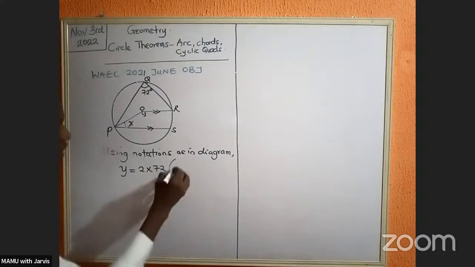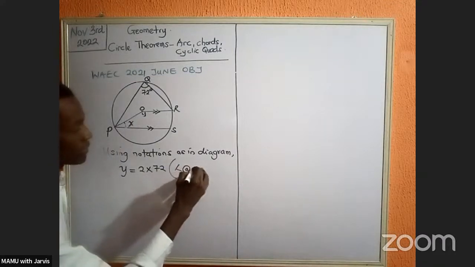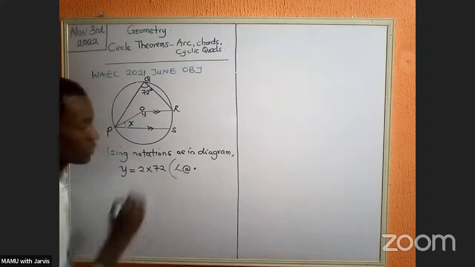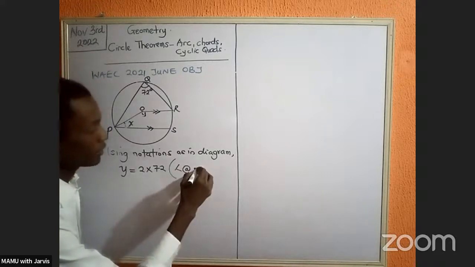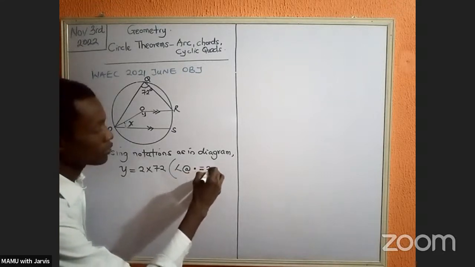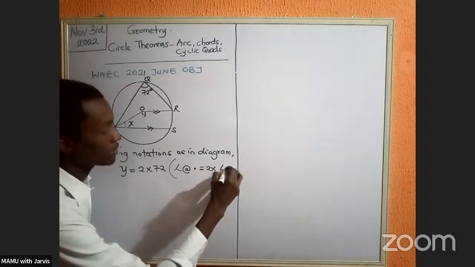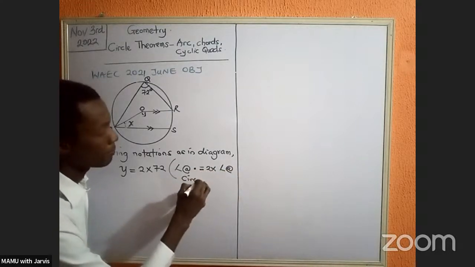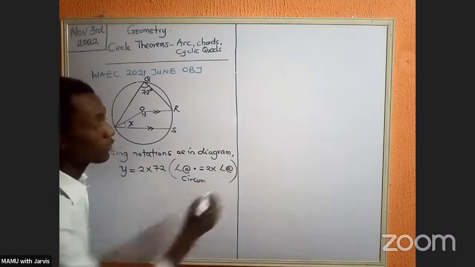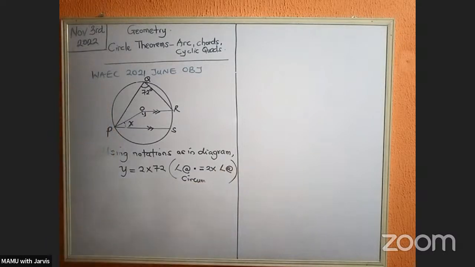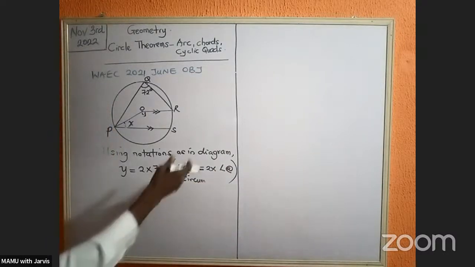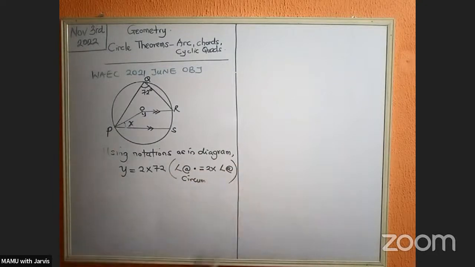So with that, I will say angle at center, I put a dot meaning center, equal to 2 times angle at circum. You could write it in full, but for me, I always like to use the shorthand method. So which means y will be equal to 144 degrees.